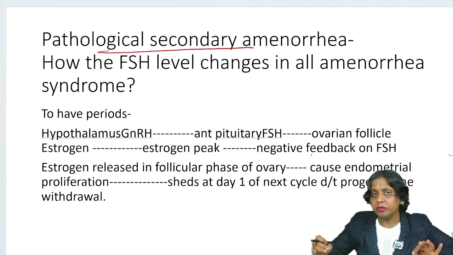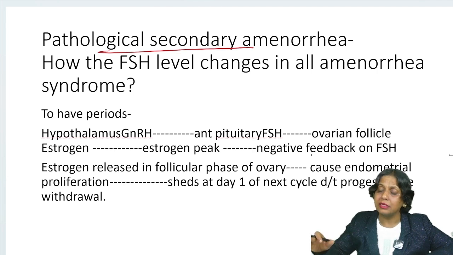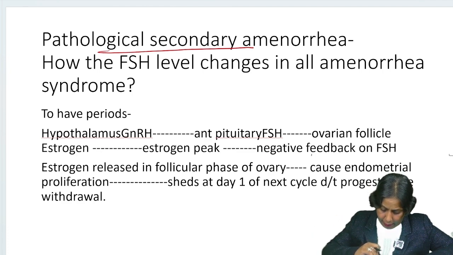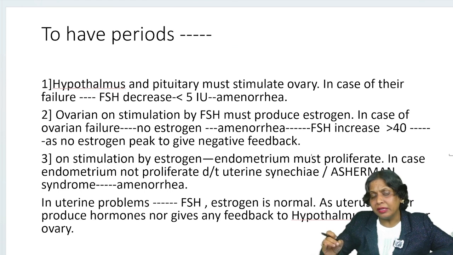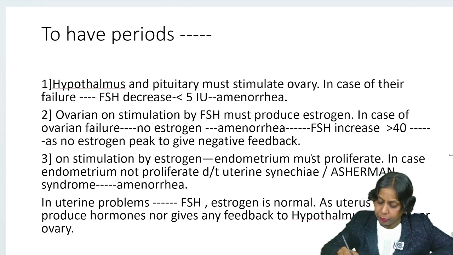This estrogen, produced by the ovary, acts on the uterine endometrium. The endometrium proliferates, and on day 28, when there is progesterone withdrawal, this endometrium sheds and periods come.